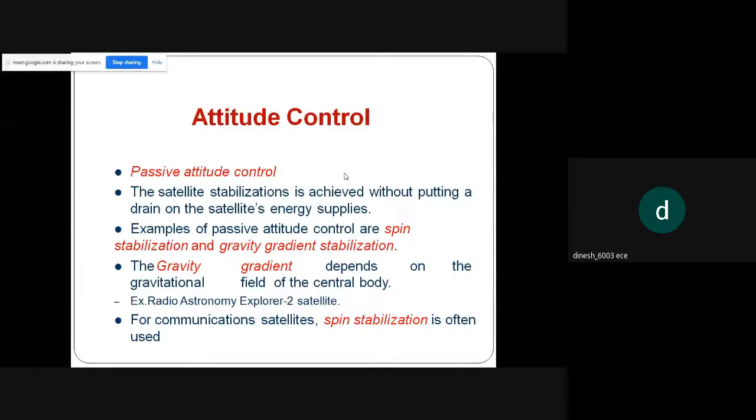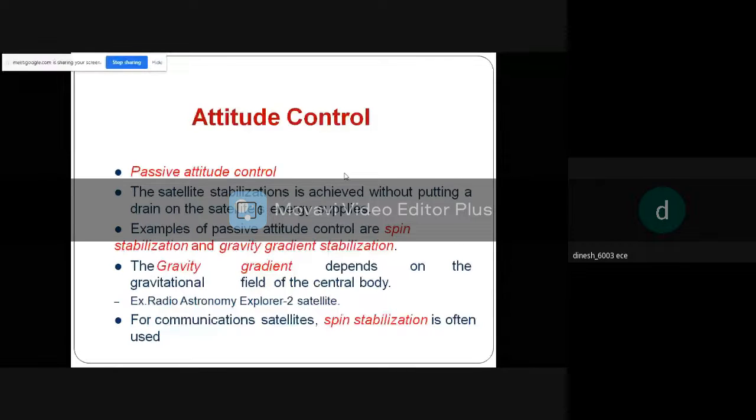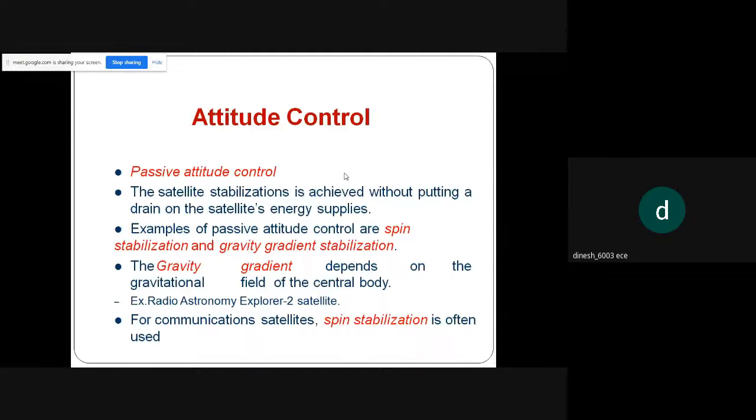So here we will be using passive attitude control. What it means is that the satellite stabilization is achieved without putting a drain on the satellite's energy supplies. Okay, so the examples are spin stabilization and gravity gradient stabilization, where the gravity gradient depends upon the gravitational field of the central body.